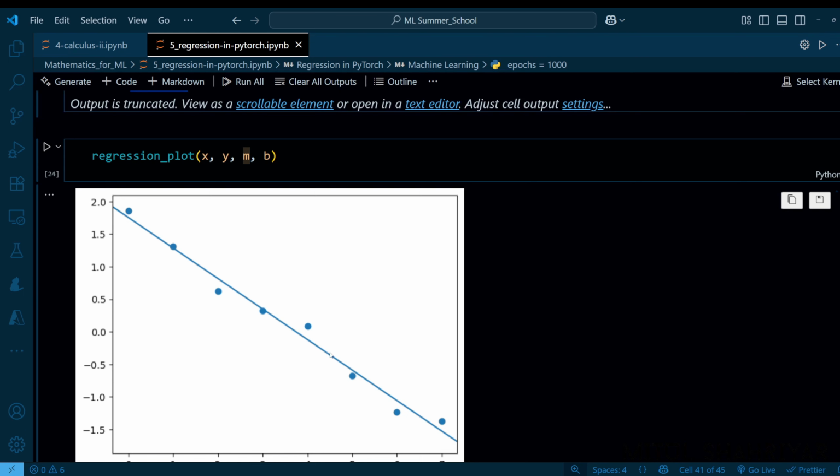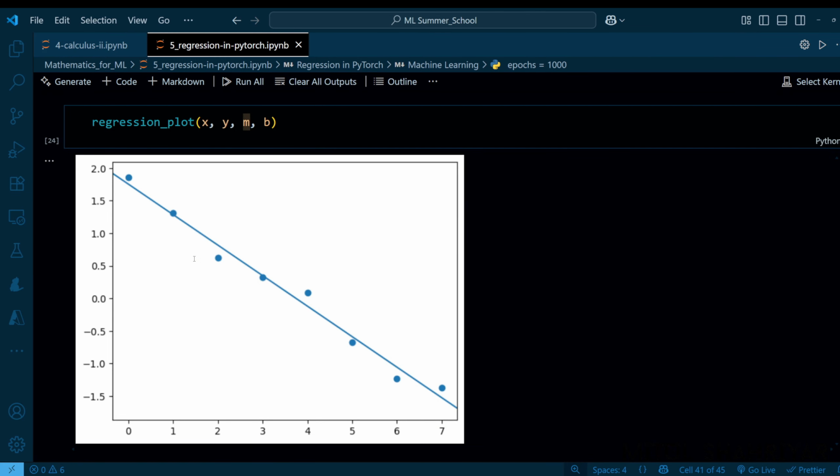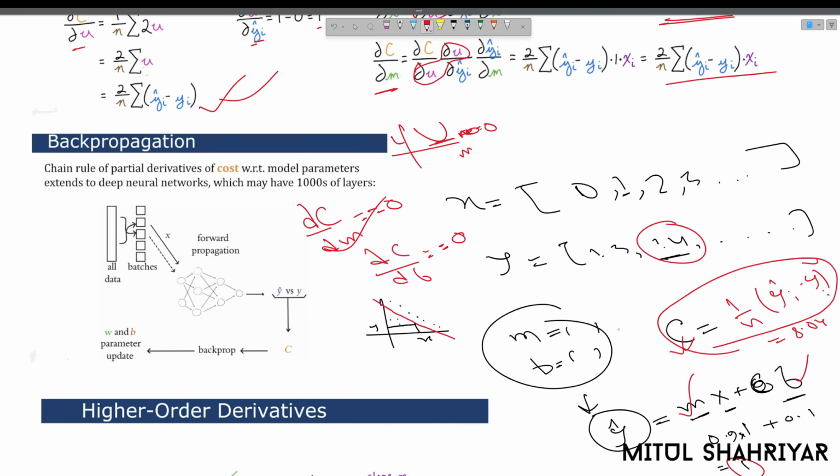I hope you understood. That means we have got the least or minimum value for m, which gives us almost the same value to generate this one. So we followed the process and got the perfect c, m and b.